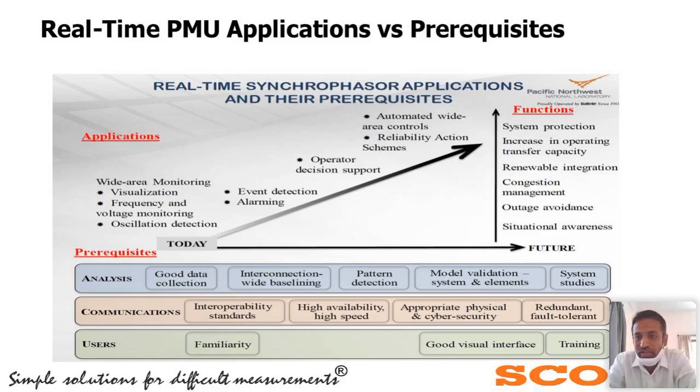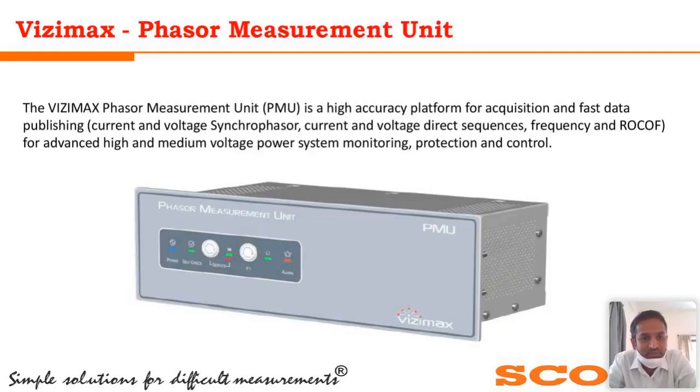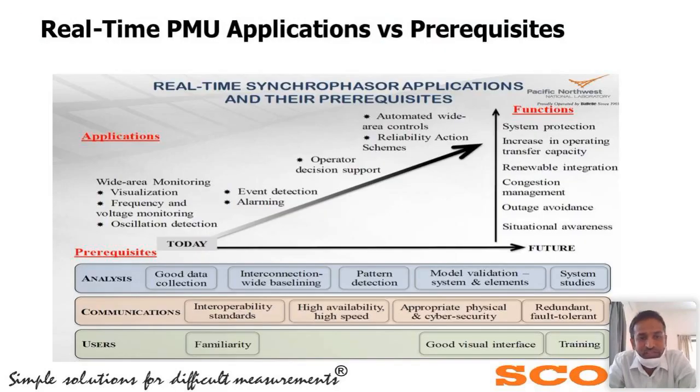There are a few questions I will answer once I finish the initial PMU introduction. This is the introduction of the PMU: what a wide area network is, what the main elements in the wide area network are, like PMU, GPS signals, and PDC, what the PMU is doing, what the PDC is doing, and what the role of the GPS signal is.